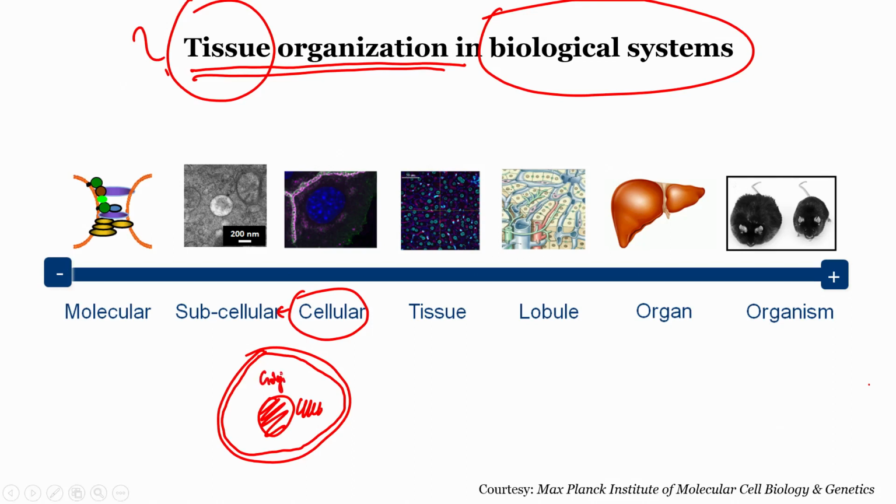These individual units inside the cell are called organelles. The nucleus is often called the brain of the cell, as you would have all learnt in 10th standard. Then there are other small organelles which are beyond the scope of this course.